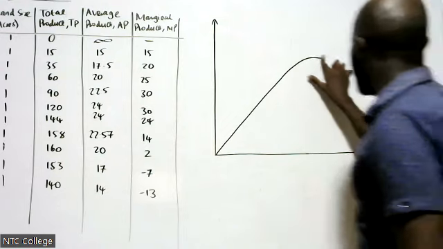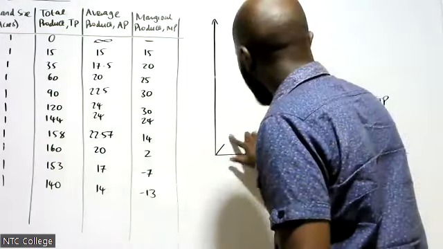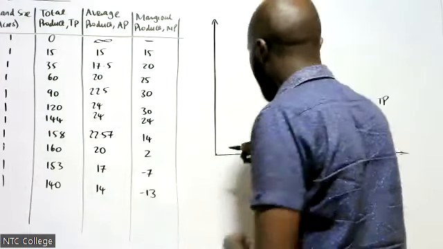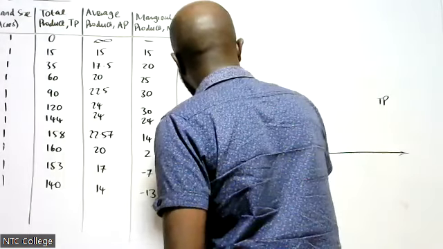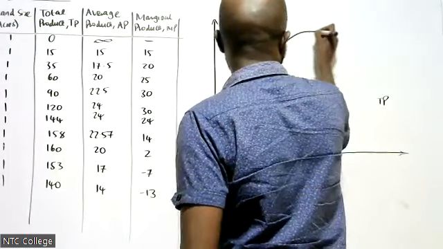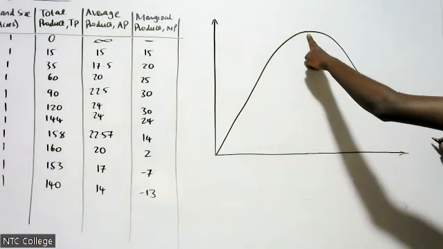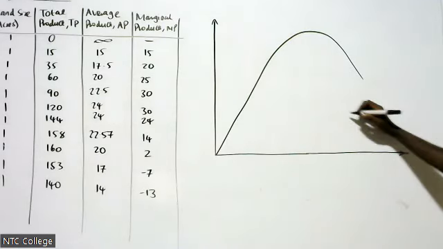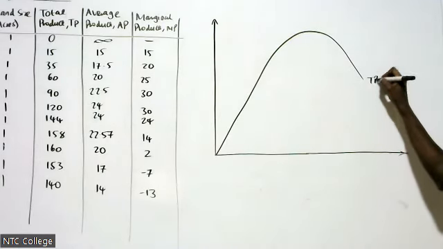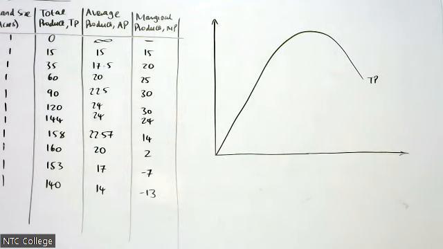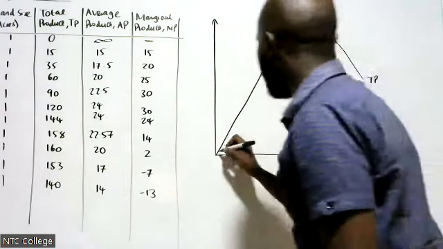Because I'm going to have average product and marginal product below them, I need more space for those two. So what happens is that it first of all starts with production very high, and then it gets to a point whereby it can be described as a maximum before it starts to fall off again. That is TP. Now, AP has more or less the same behavior, but at a lower level.